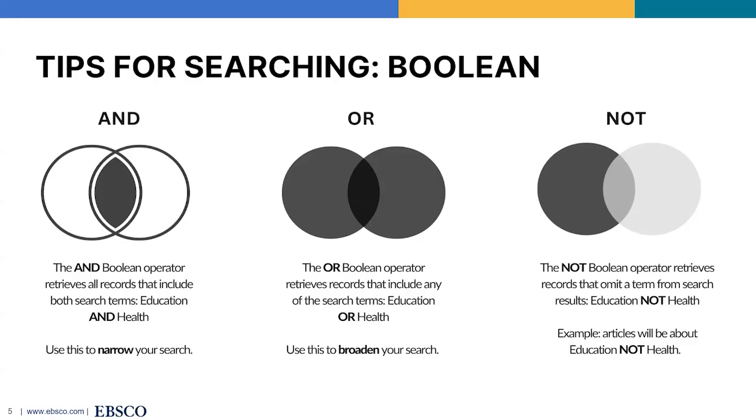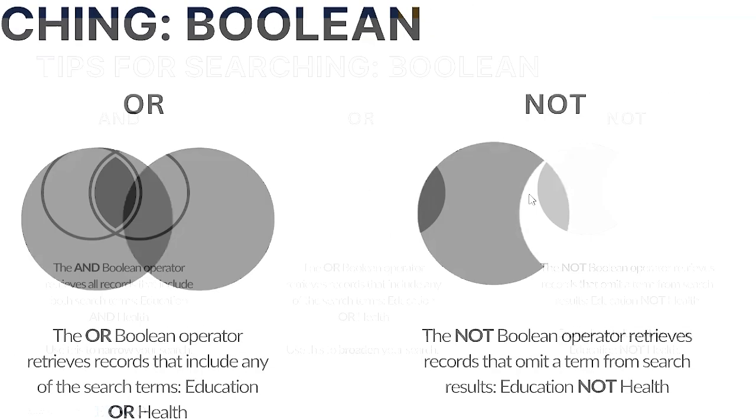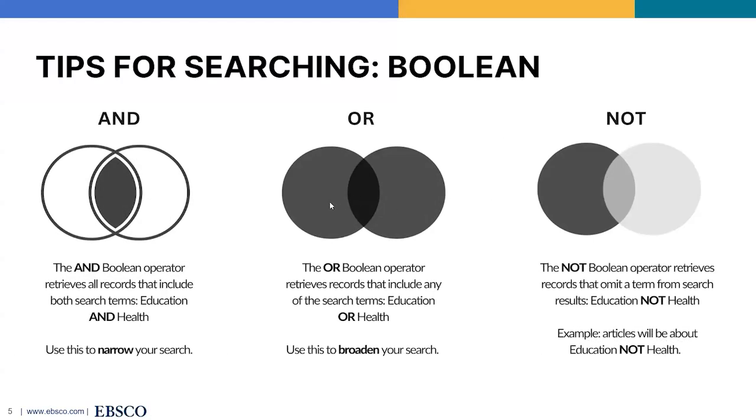Aside from EBSCO Discovery Service, you can also use Boolean operators in other databases or in other search engines. The Boolean operators are comprised of three words. We have and, or, and not. These are used to refine, to broaden, and to exclude keywords from your search.